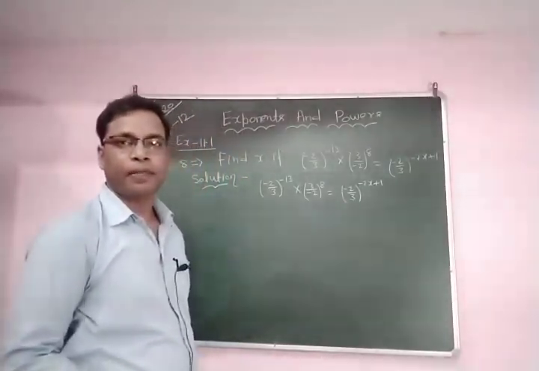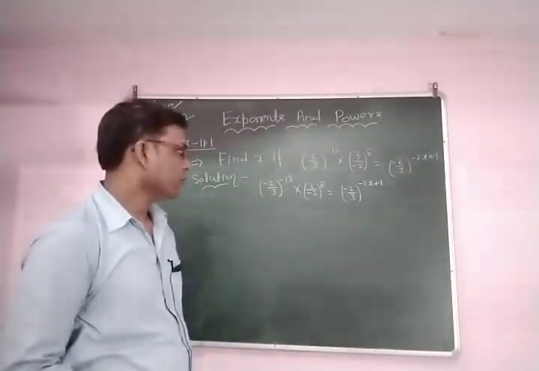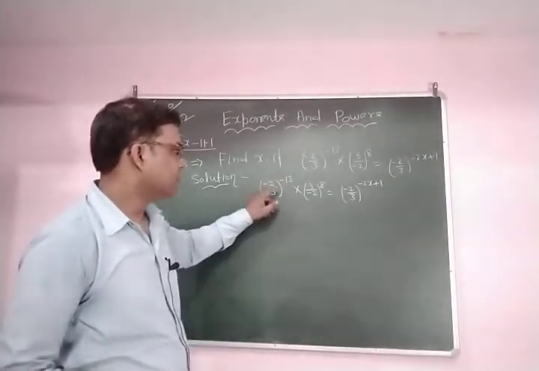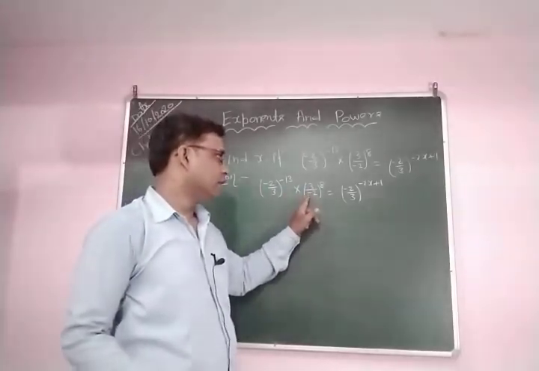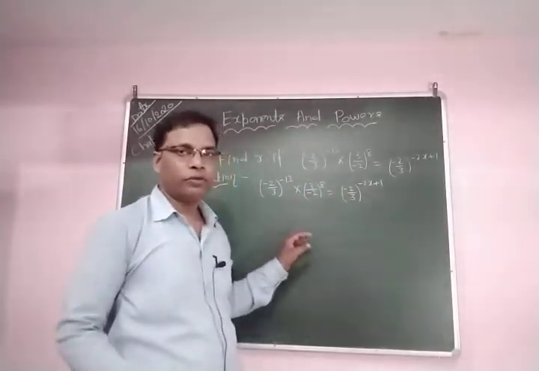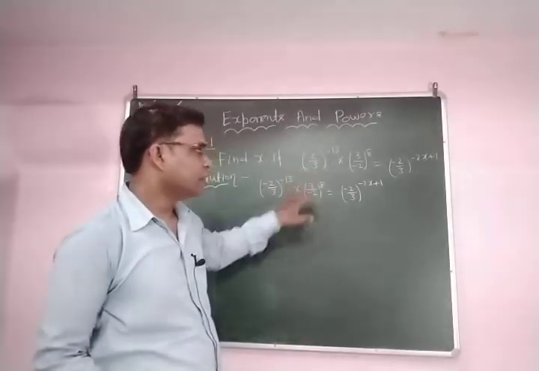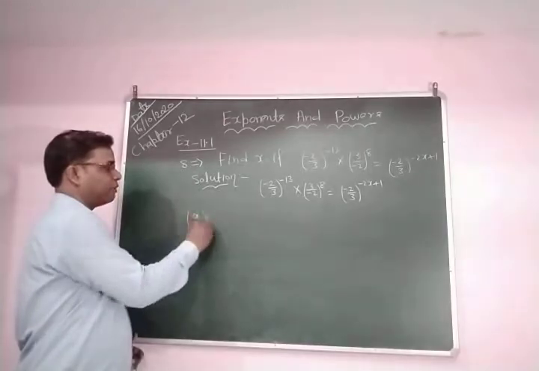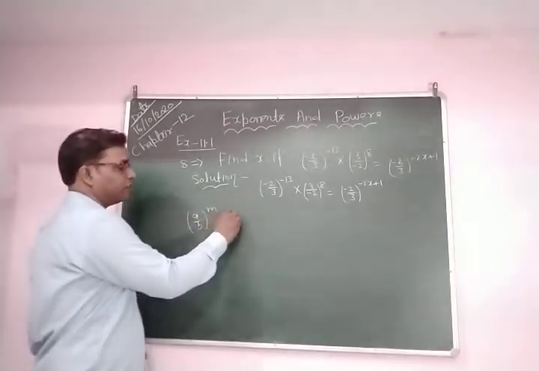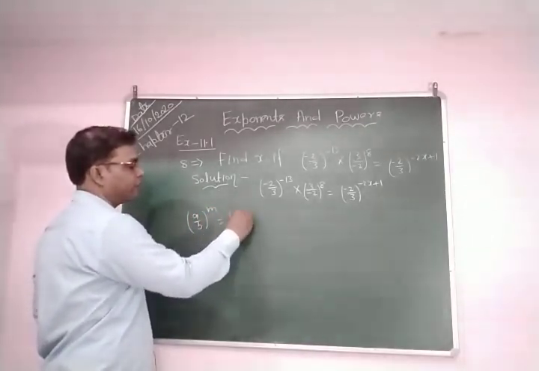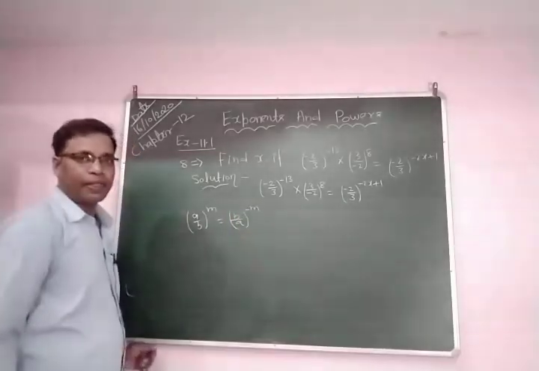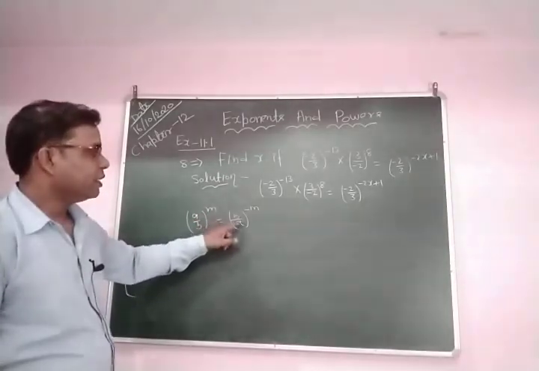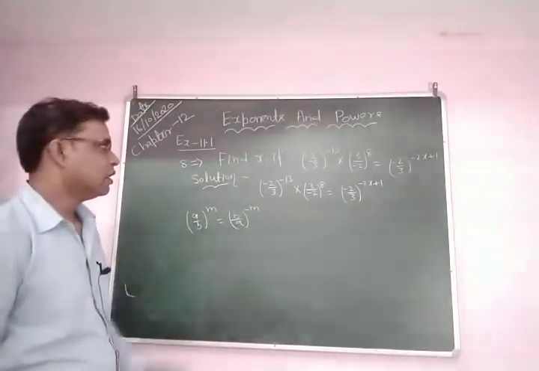This is clear? Now here you can see the base is minus 2 by 3, but here it is 3 by minus 2, so we need to change this base. Very well, we can write a by b power m, this is equal to b by a power minus m.